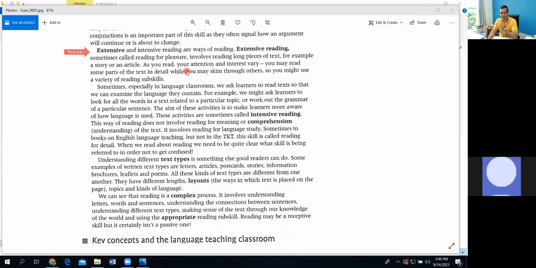As you read, your attention and interest vary. You may read some parts of the text in detail while you may skim through others. So you might use a variety of reading sub-skills. When we read a novel, we read for pleasure.